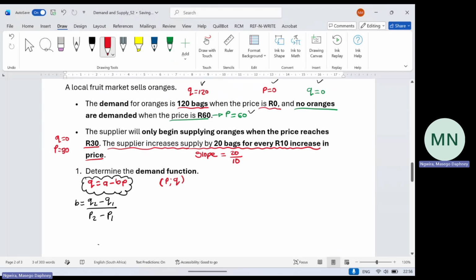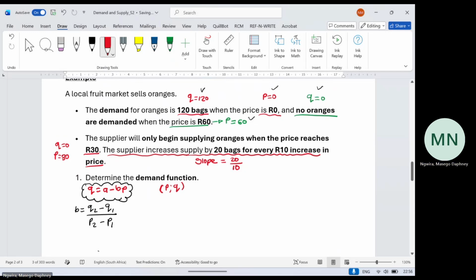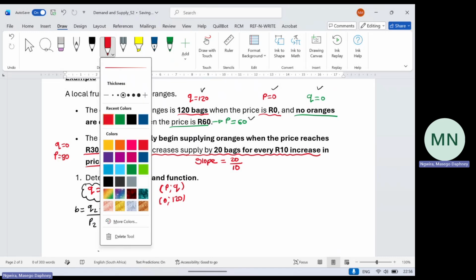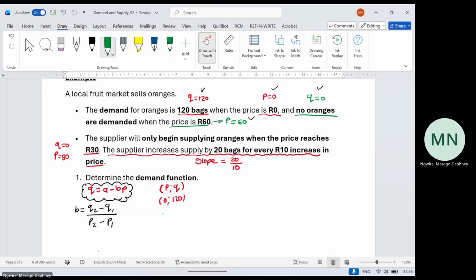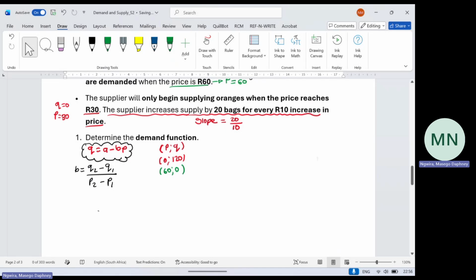So now let's see. When my price is 0, my quantity is 120. And when my price is 60, my quantity is 0. I'm just using the colors to show you, not really important. I got these from the statement under demand.